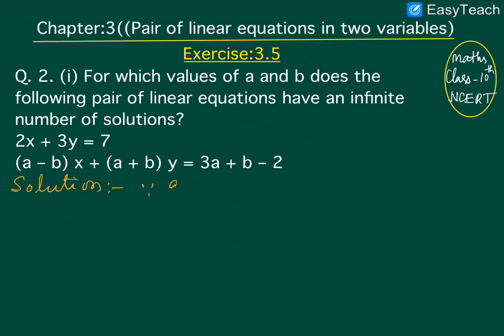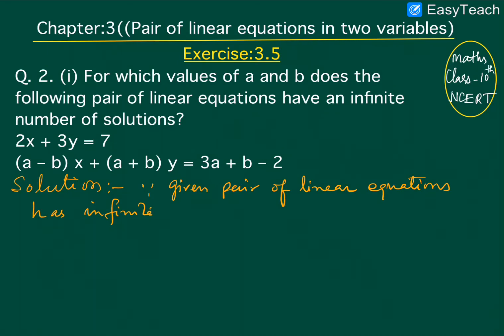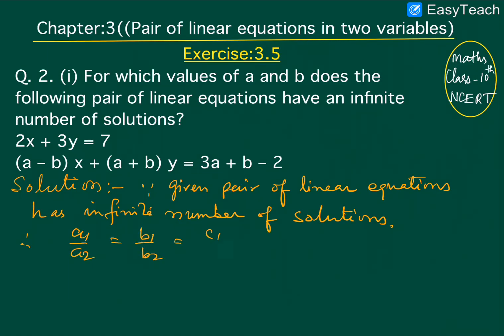Since the given pair of linear equations has infinite number of solutions, therefore a1 by a2 is equal to b1 by b2 is equal to c1 by c2.